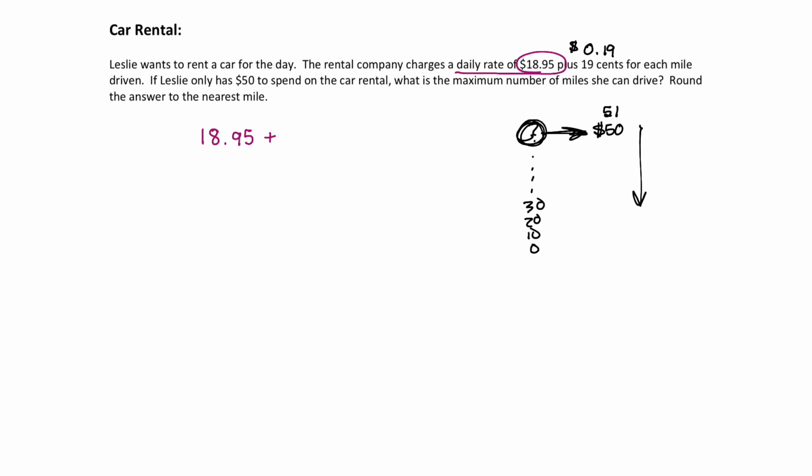So it's going to be 0.19 times the number of miles. Now if she has only $50 to spend, this needs to be less than or equal to 50. Can't go over, right?